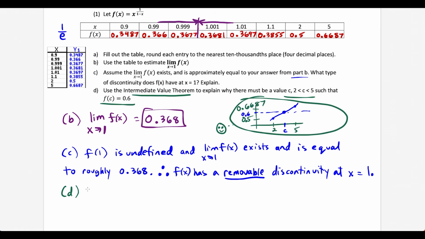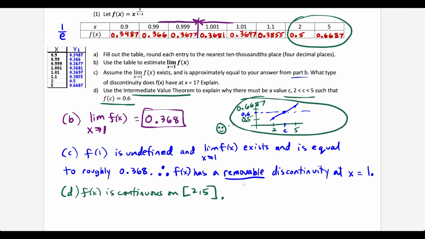So for one, what I'm going to say here is that f of x is continuous on the space we need it to be. F of x is continuous on the closed interval from 2 to 5. Now, the next thing we need to do in order to be able to use the intermediate value theorem is we actually have to explain that our target value is between the two function values at our endpoints here.